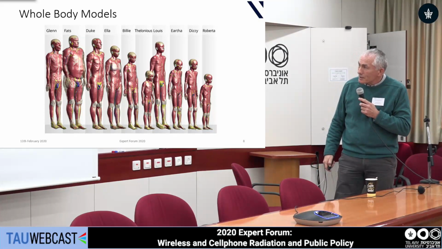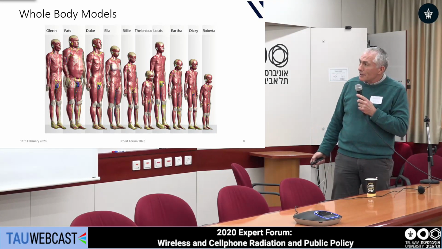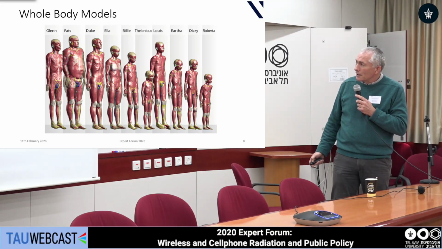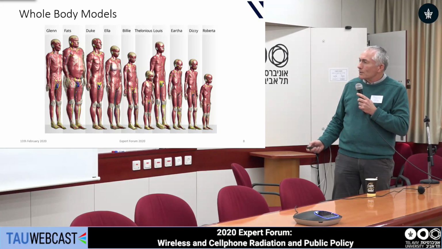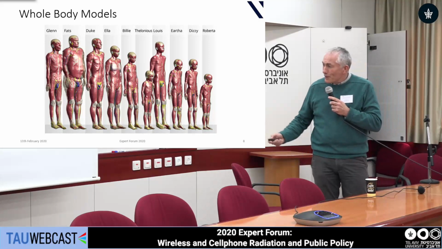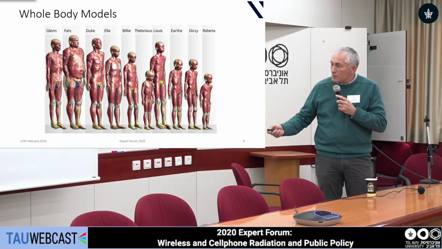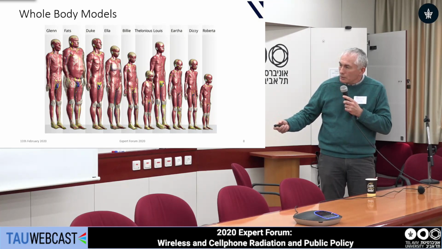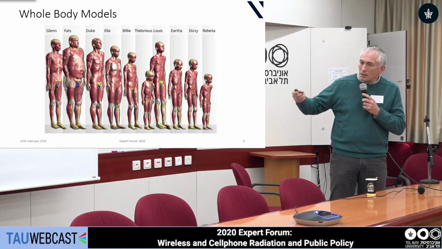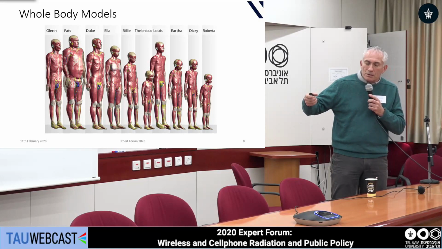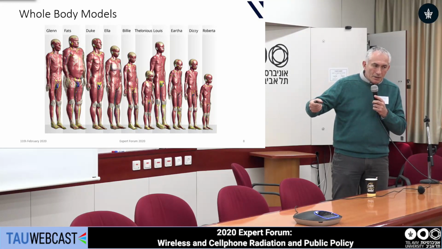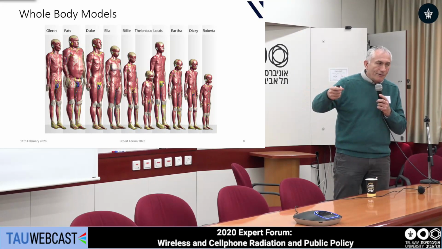I particularly like the names. Thelonious, he looks interesting. Roberta, Dizzy, I'm not quite sure why they call him Dizzy, but Fats, I think we can probably guess why. But anyway, these are interesting models because these models include not just skin, tissue, fat, muscle. They also include blood capillaries, flow.